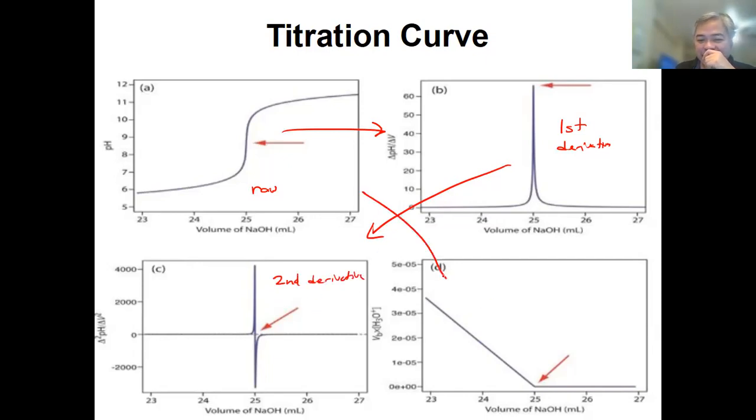Now, how about this? What do you call this plot? Anyone? I know it's not being done in UP Los Baños, but this is what we call a Gran plot. So you put the volume of the base that is added versus, if you look at that, the pH or the concentration, since 10 raised to the negative pH equals the concentration.